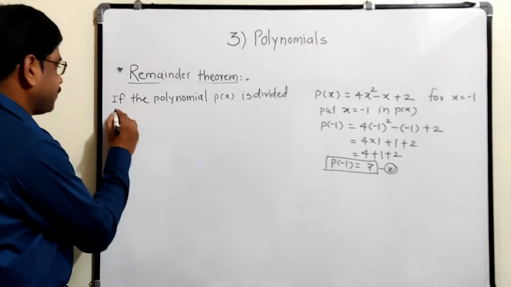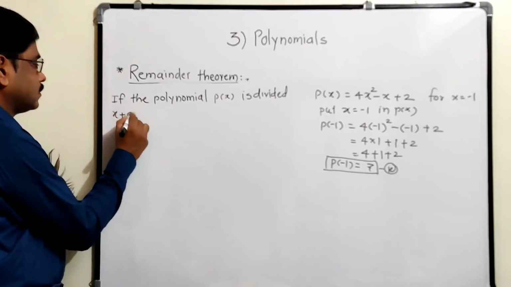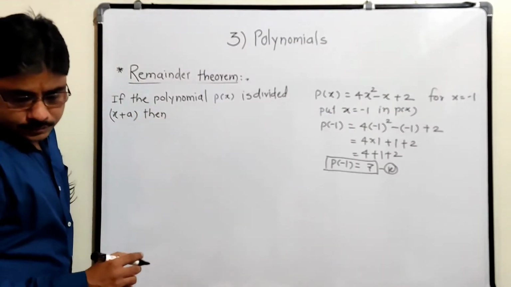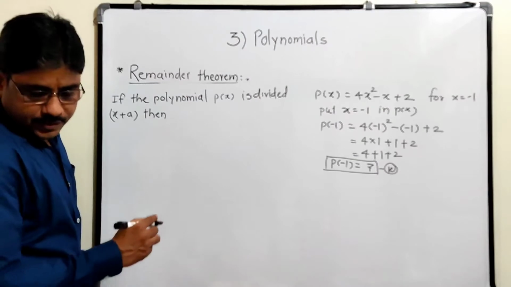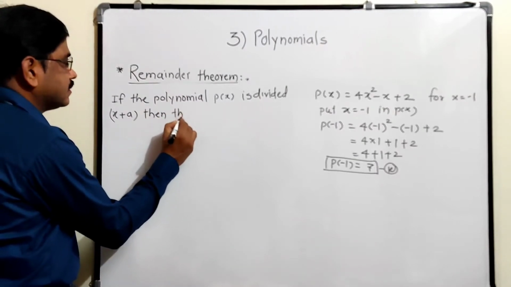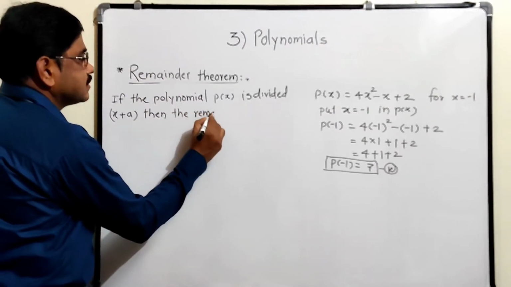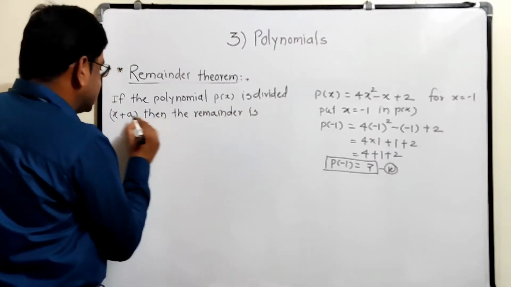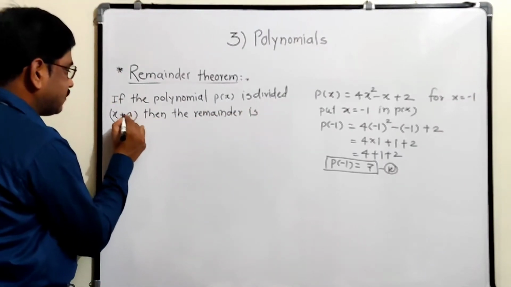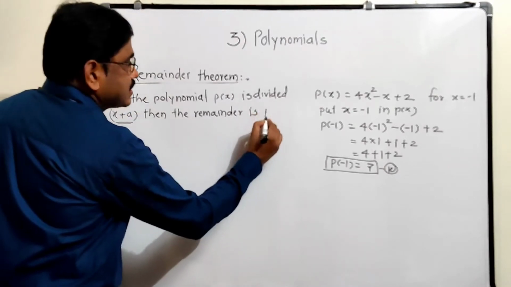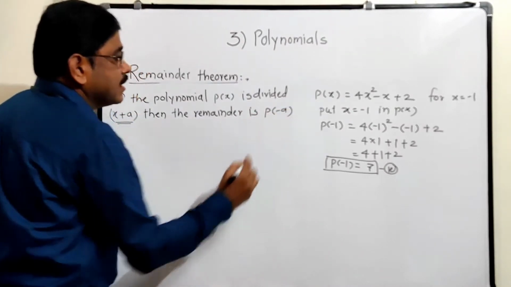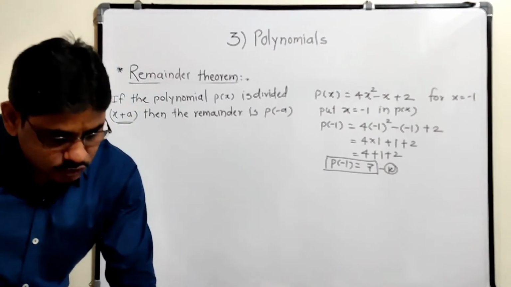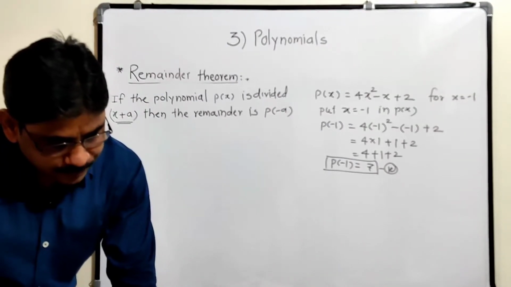Then the remainder is, how will we get the remainder? This x plus a is the divisor, the opposite number of a is minus a, so p(minus a), the value of p(minus a) is the remainder, and that is called the remainder theorem.